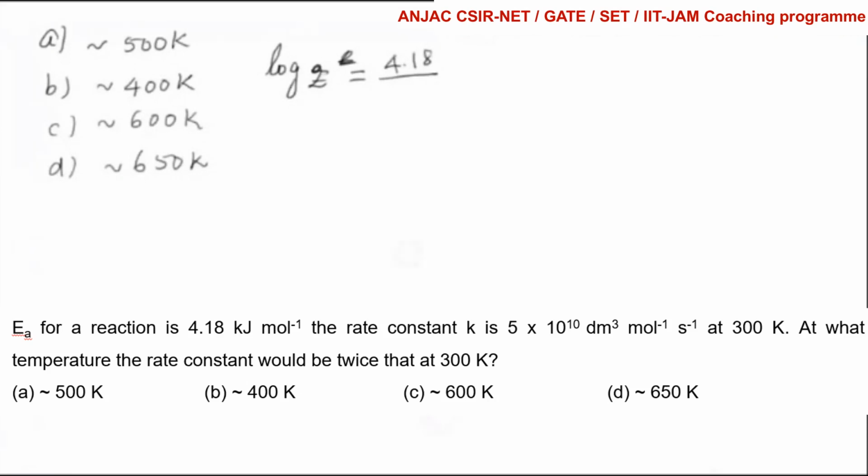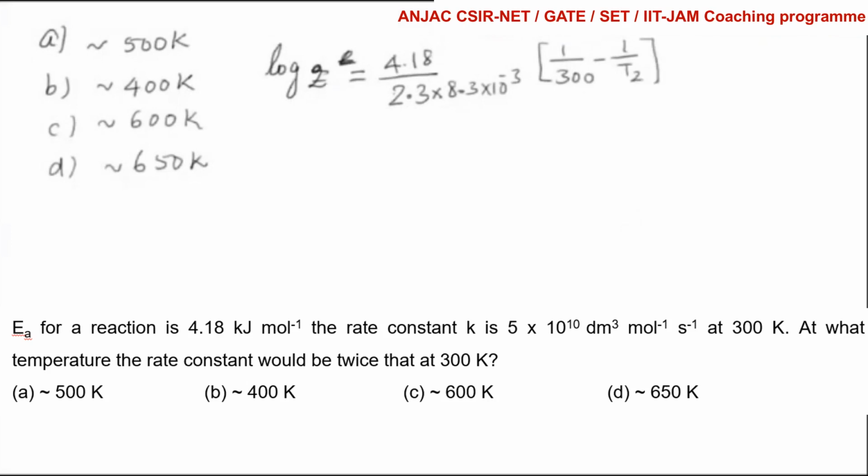Therefore, at the bottom of this R should also be in kilojoules, for which we are writing 8.3 into 10 power minus 3, into 1 by T1, lower temperature, that is nothing but 1 by 300, minus 1 by T2, that is the temperature they are asking.